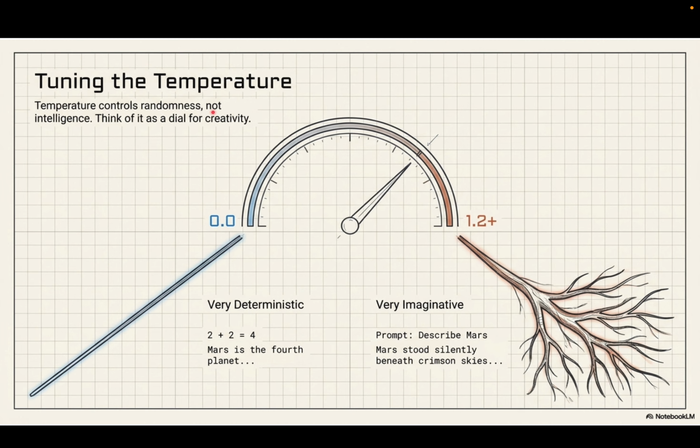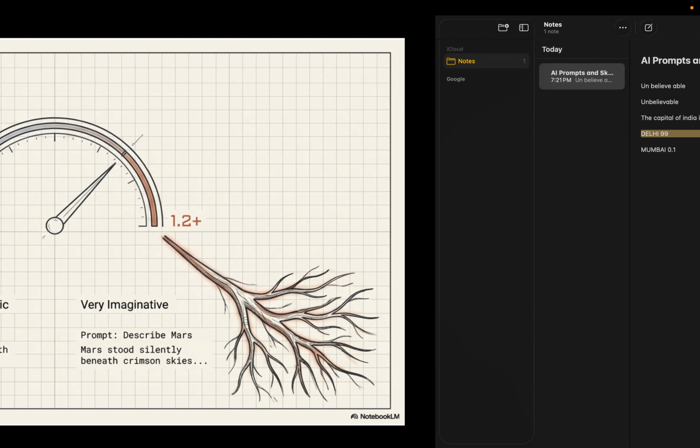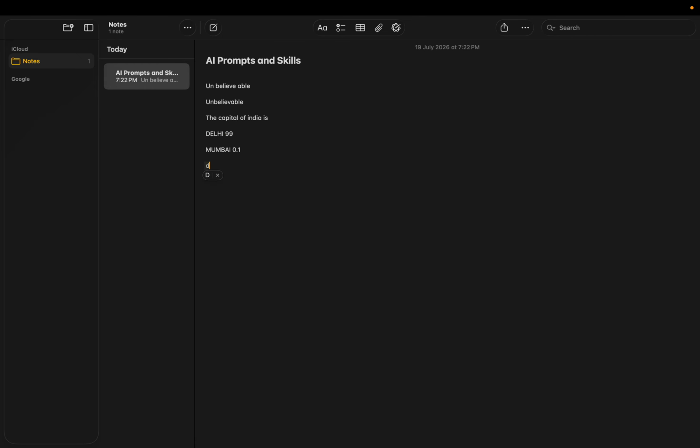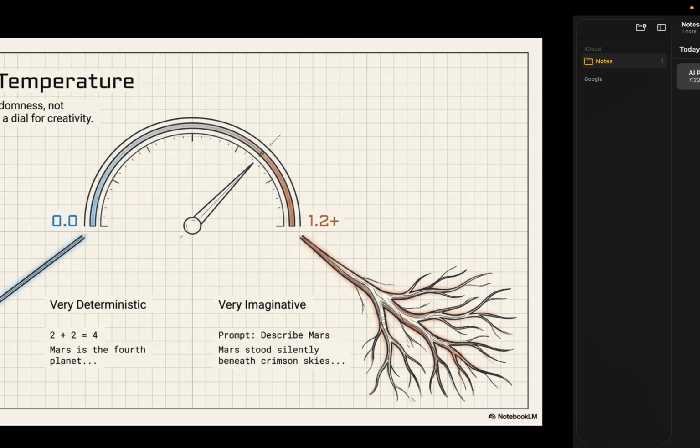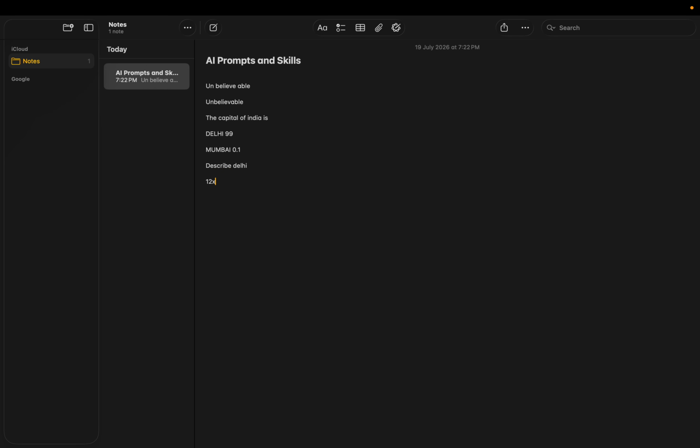So the temperature is also very low. However, when I say describe Delhi, for suppose the next word I say describe Delhi. Now it can show creativity. It can go through its language model, it can go through its database, and it can search X number of things and can give me very imaginative, very different answers. Would be the obvious answer of 12 into 12?